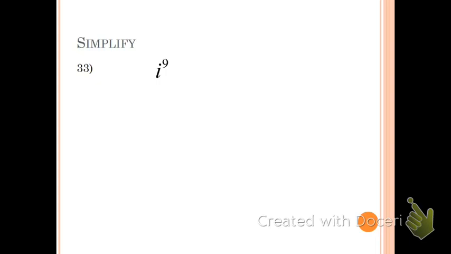Remainder 1, remainder 2, remainder 3, no remainder. When I'm saying remainder, when you divide it by 4, what's 9 divided by 4? 2, remainder 1. So what's the answer again? i. Now take 16 divided by 4. What's the remainder? There isn't one. So what's your answer? 1.